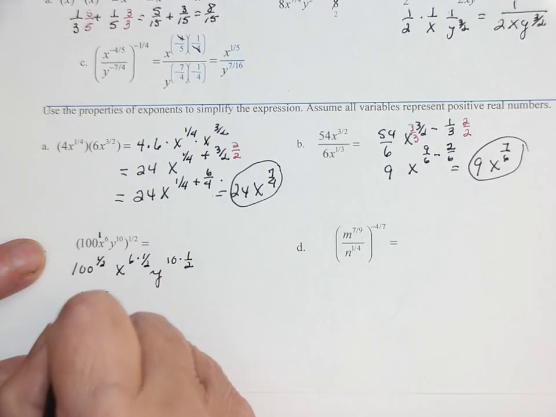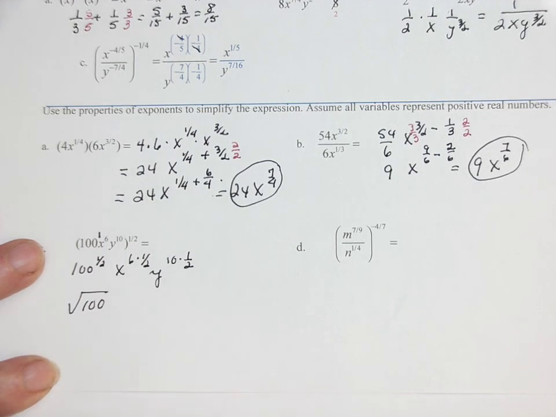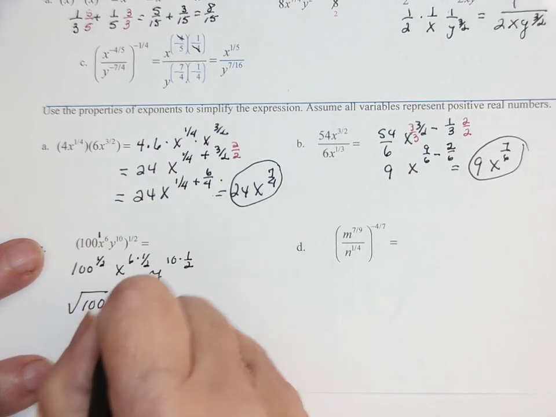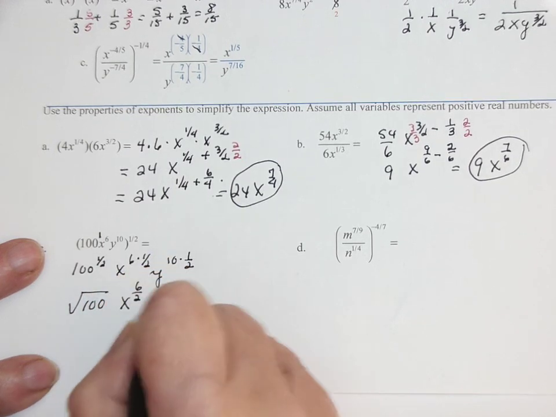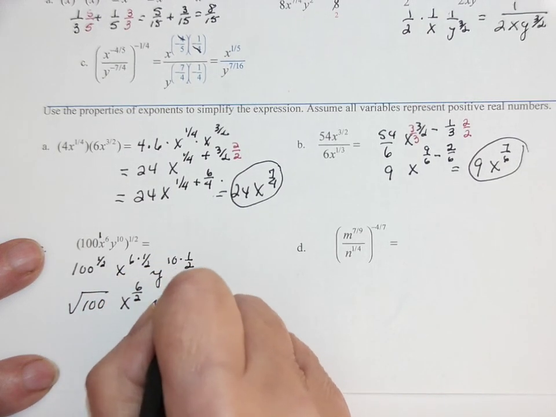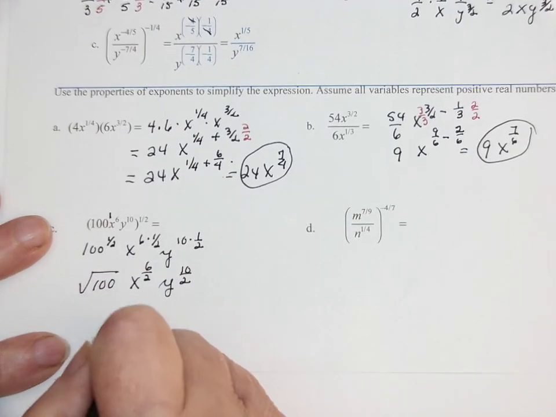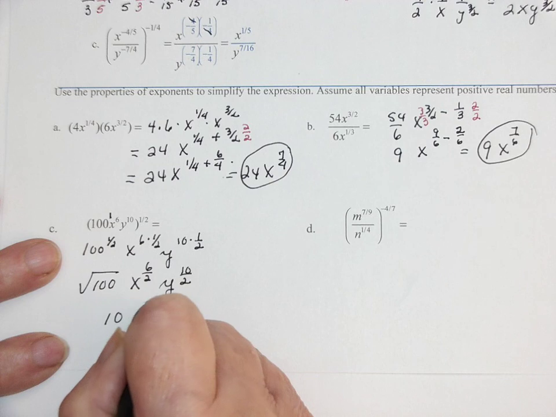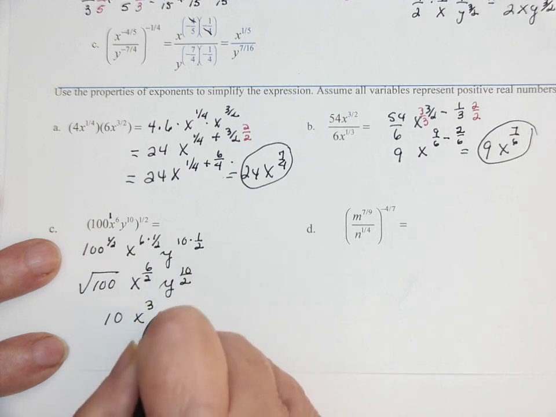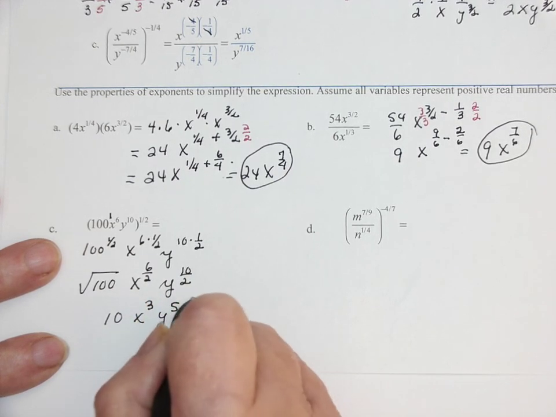This is the square root of 100. That's 100 to the 1/2. This is x to the 6/2, y to the 10/2. Square root of 100 is 10. 2 divides 6 3 times. 2 divides 10 5 times.